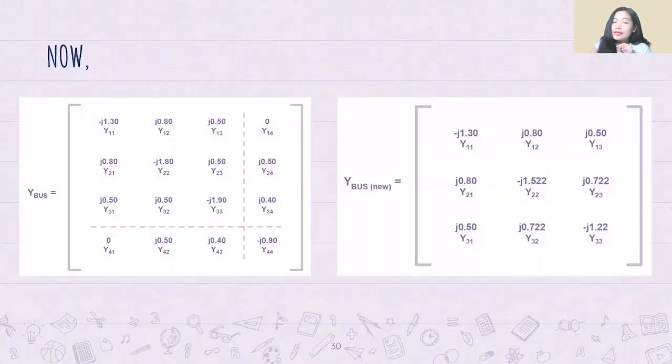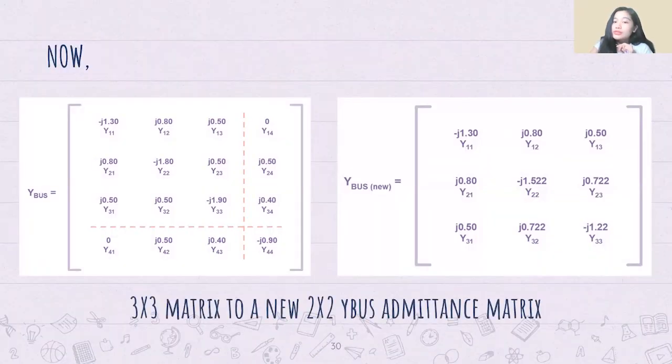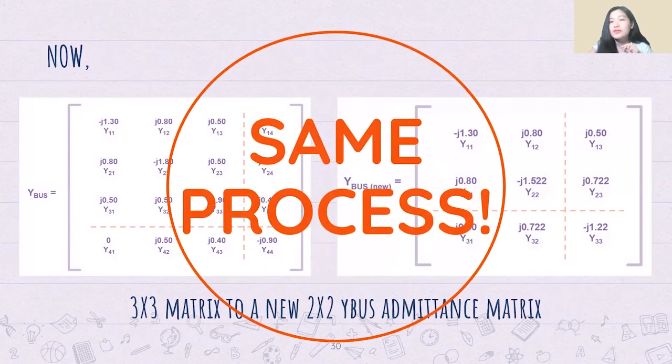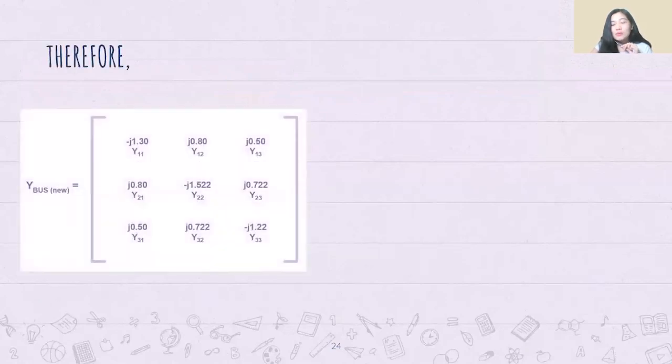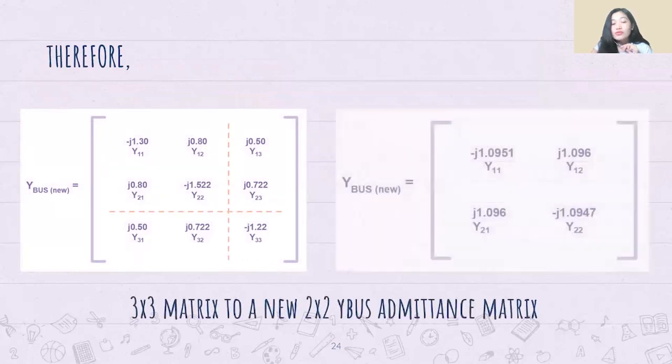And our 3x3, we have reduced it to a 2x2 by means of using the same process, of course. Okay? So that's just the same. We just showed how the values were reduced and how we got the new values for our matrix.